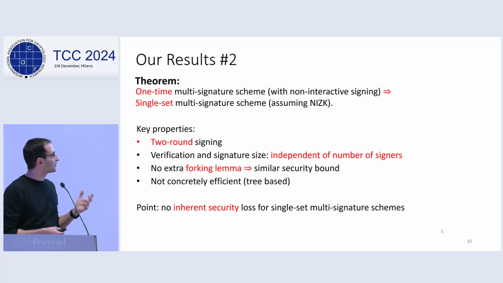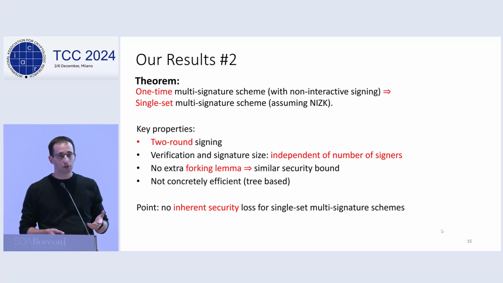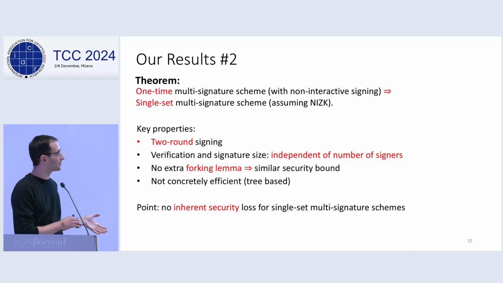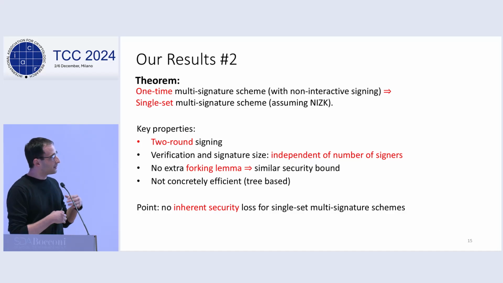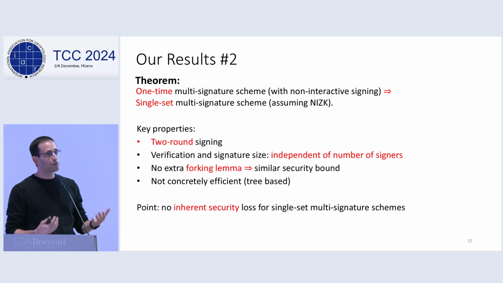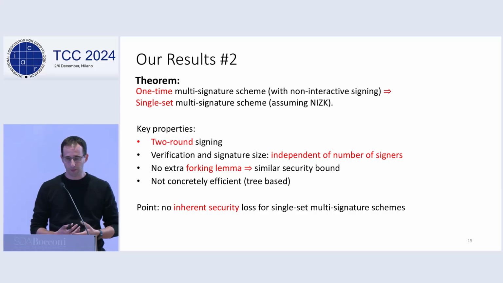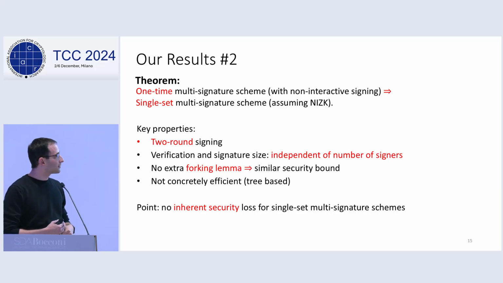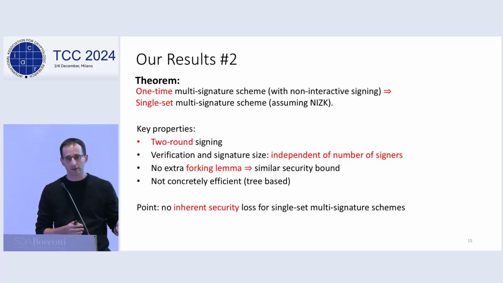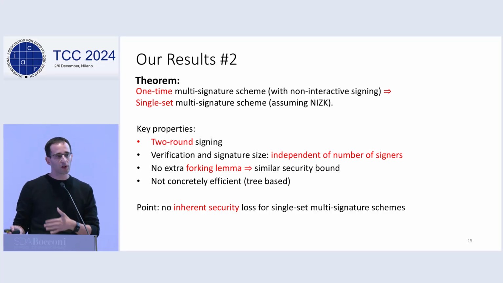The verification and signature sizes are not very concretely efficient, but they are independent of the number of signers. This transformation uses no extra forking lemma application, so we get roughly the same security bounds as before. This is a proof of concept that there's no inherent loss going from one-time signatures to single set multisigs.